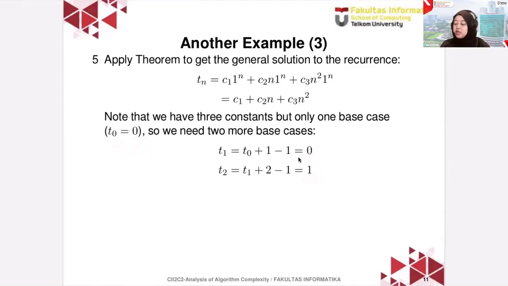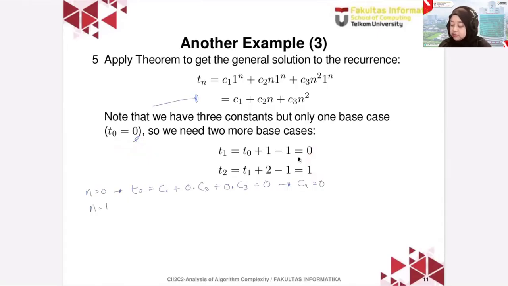And from here, you substitute n equals 0. T0 will be equal to C1 plus 0 times C2 plus 0 times C3, and it must be equal to 0. So C1 will be equal to 0.